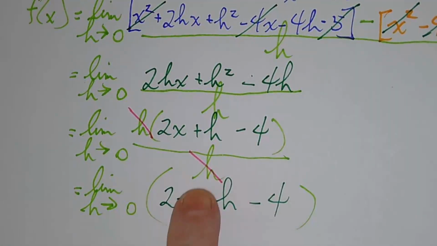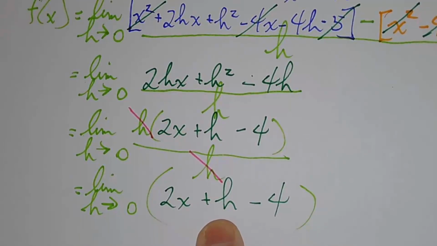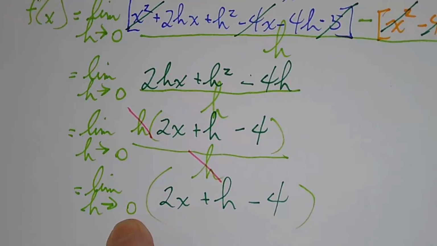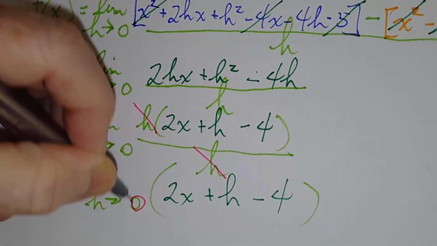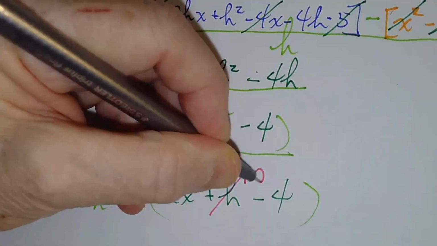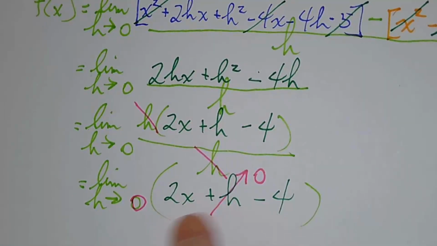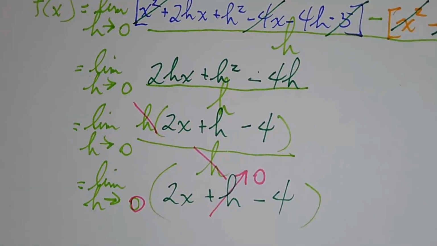Notice that this is the first time we don't have an h in the denominator. So let me see. Can I let h be 0 and still have something defined? And we can. So yay. So we're going to take the limit, which means we do not write that limit down anymore.